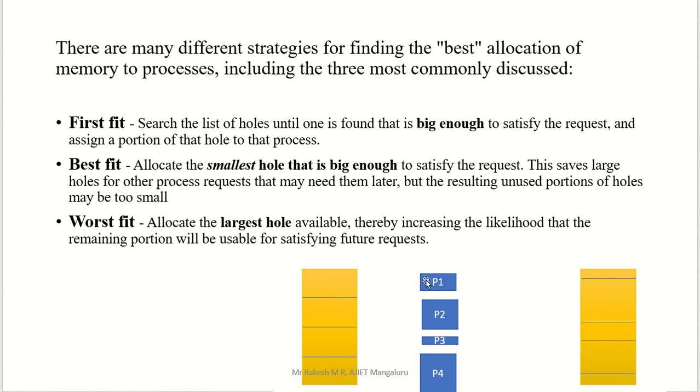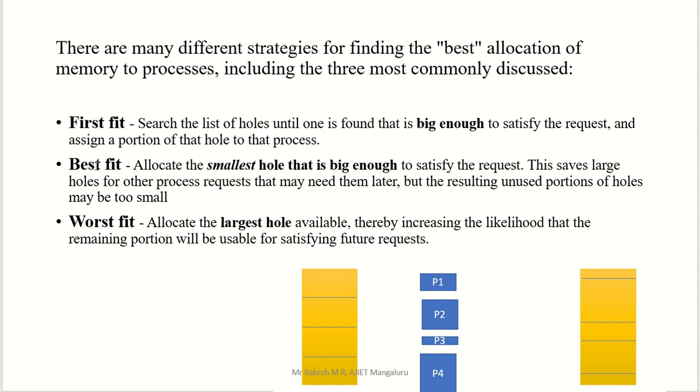Here you can see the block is very large and the process is very small. If you put this process in this block, that is a worst fit, because the block is very large, your process is very small, and the entire block's memory is wasted. The remaining part is entirely wasted. So allocating the largest hole is the worst condition, worst fit.